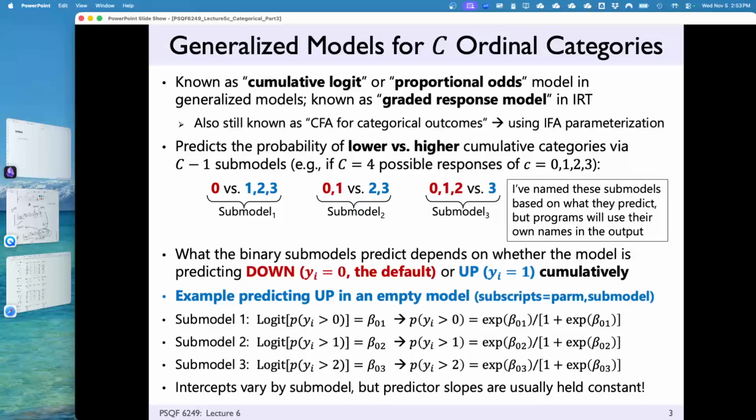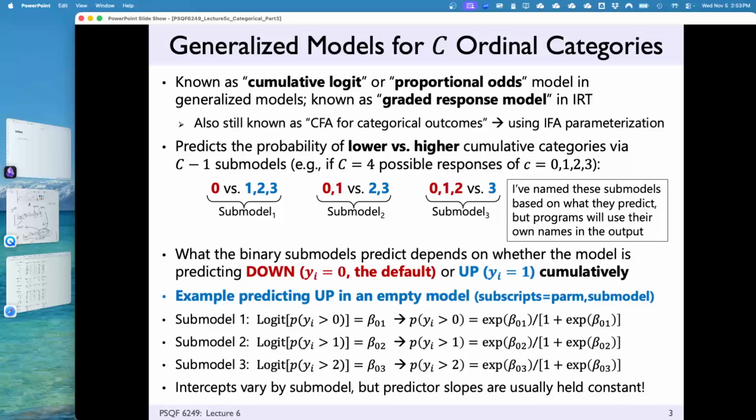When that's the case, if we have 4 categories, we'll have 3 basically binary IRT models. I put that in quotes. They're submodels. They are models that model the probability of the response being greater than a 0, being greater than a 1, or being greater than a 2. Okay? These are cumulative.